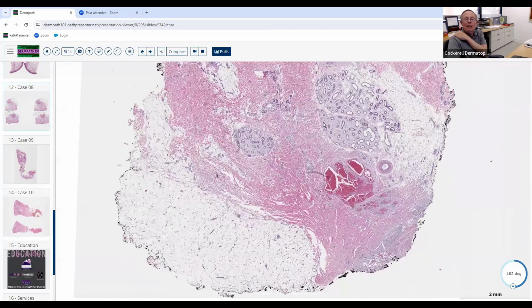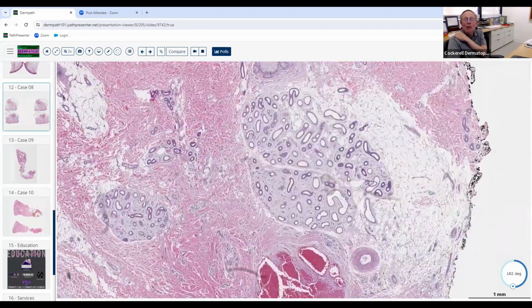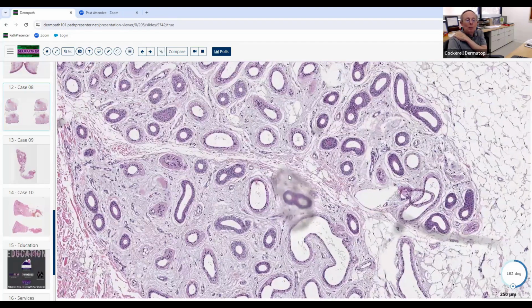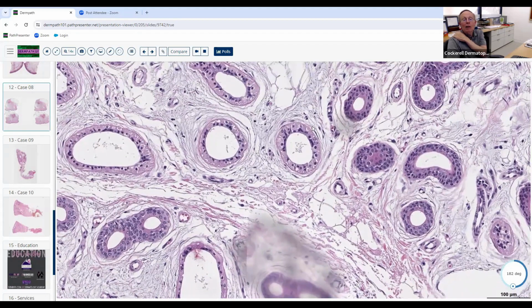Somebody that named this was smart because they gave it a name that's descriptive of what's going on here. Eccrine angiomatous hamartoma. And now these are beautiful examples of eccrine glands here. You see the clear basophilic cuboidal cells in this eccrine unit.